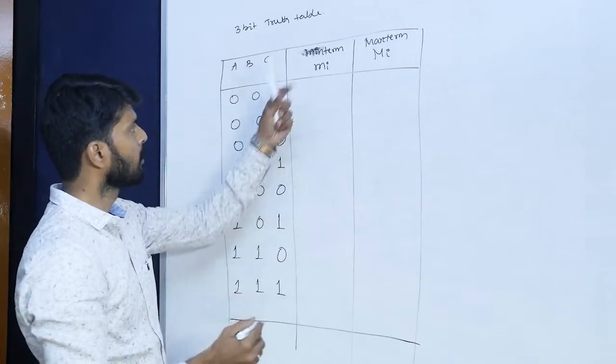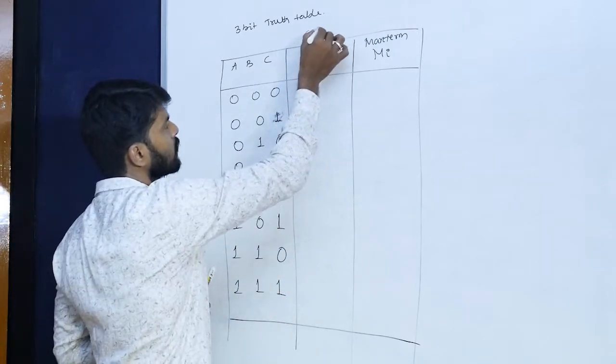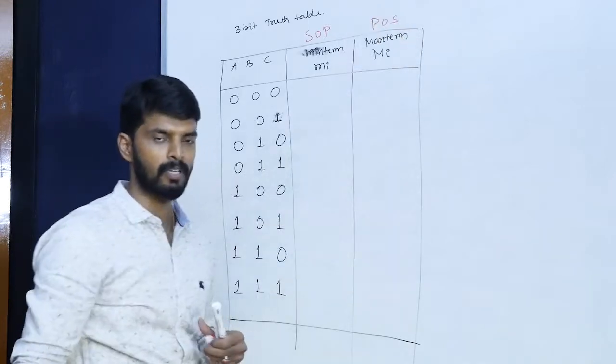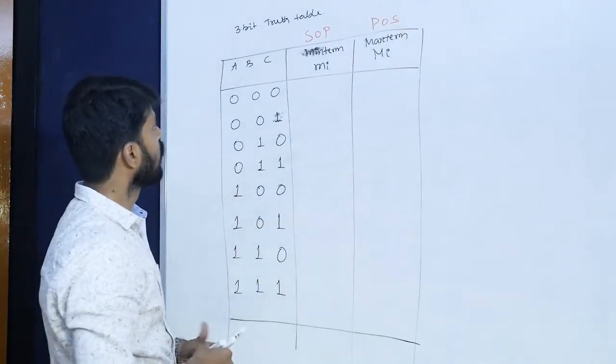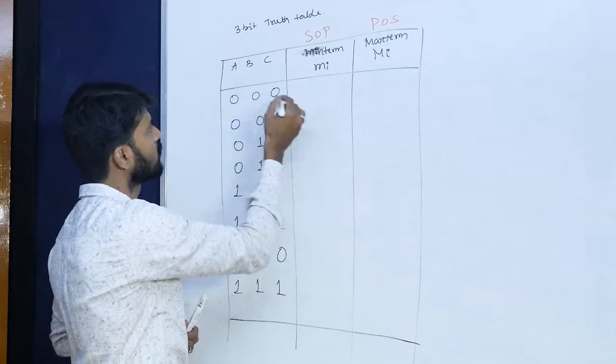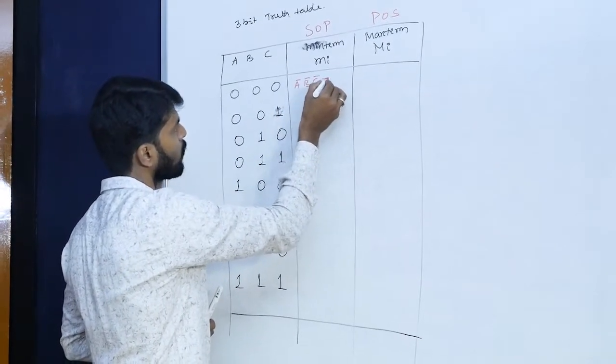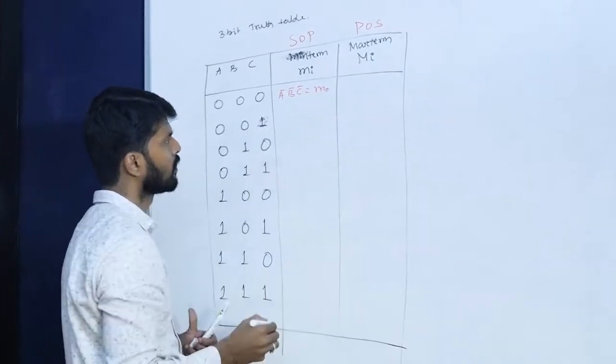As we know, minterm is represented with standard SOP and maxterm with standard POS. Now how to represent 0? This 000 I am representing with A bar, B bar, C bar. This is the product term, which I can represent with m0.